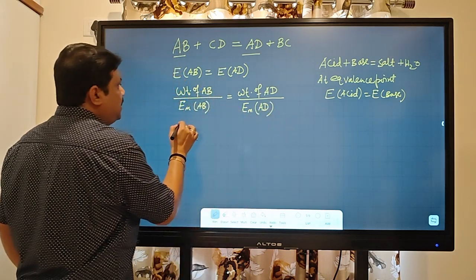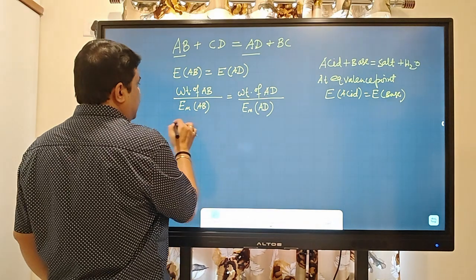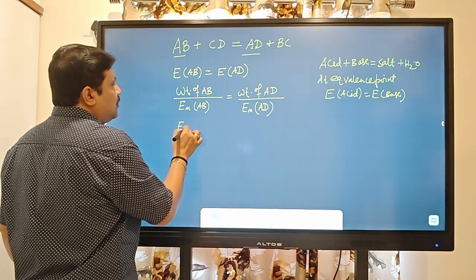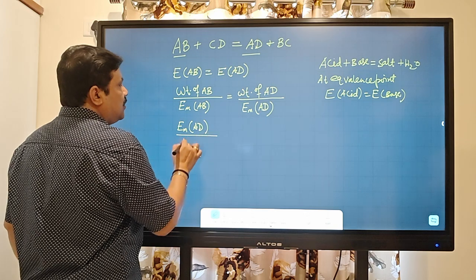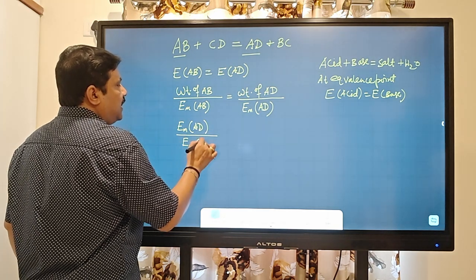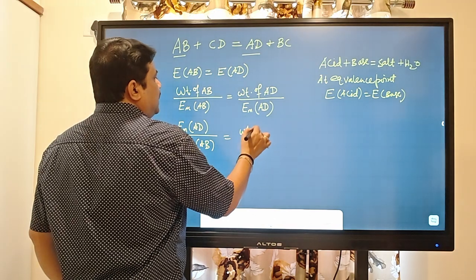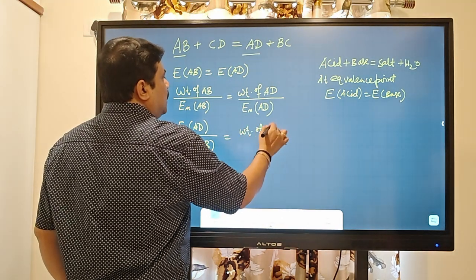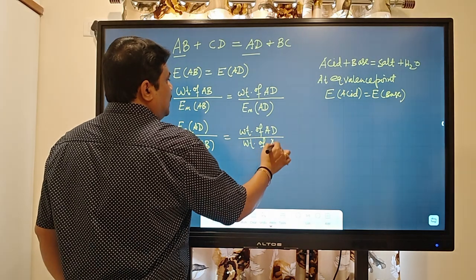Then taking weight of AB and equivalent mass of AD to the other side, equivalent mass of AD by equivalent mass of AB will be equal to weight of AD by weight of AB.